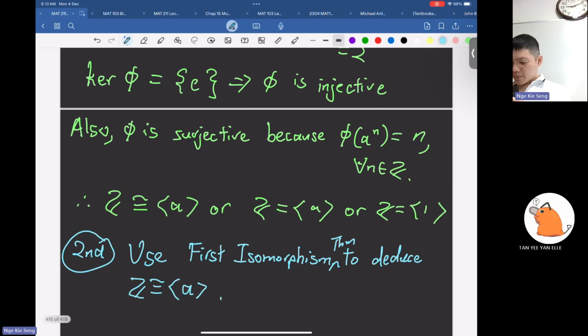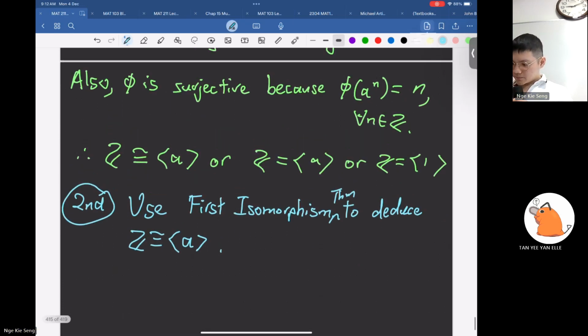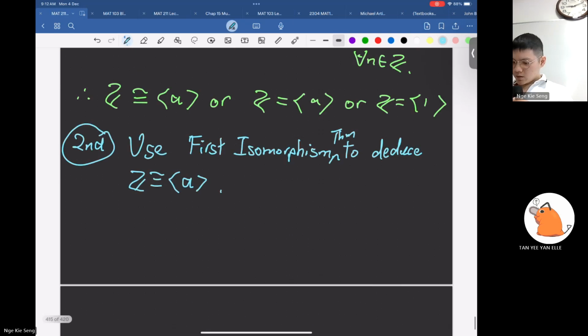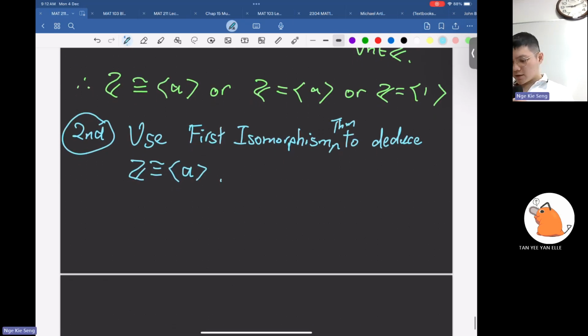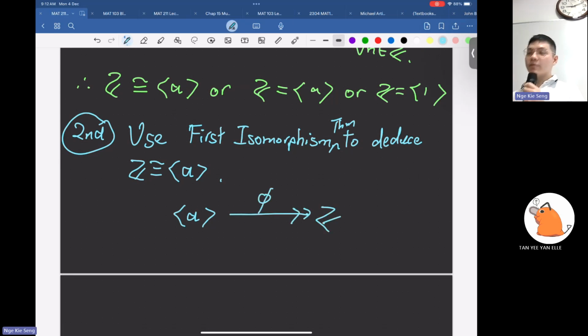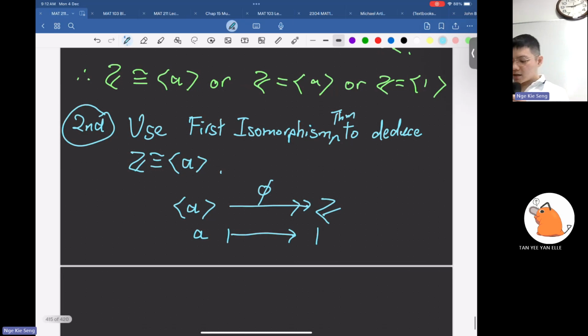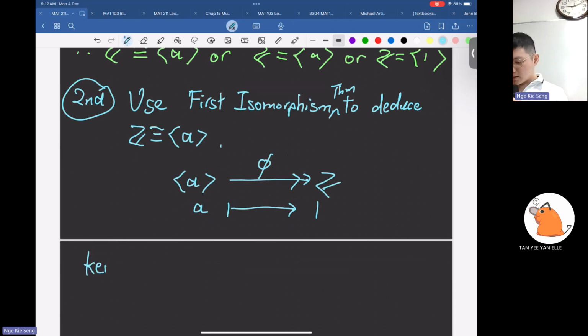So how do I use it? So similarly, we have a free group mapping into Z, using a surjective homomorphism. What's the surjective homomorphism? Sending A to 1, okay? And then just now we check that the kernel of phi is the trivial subgroup generated by the identity.